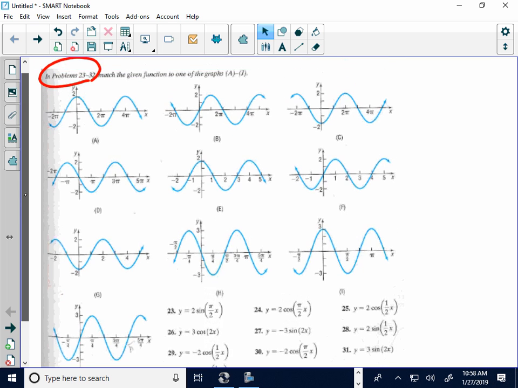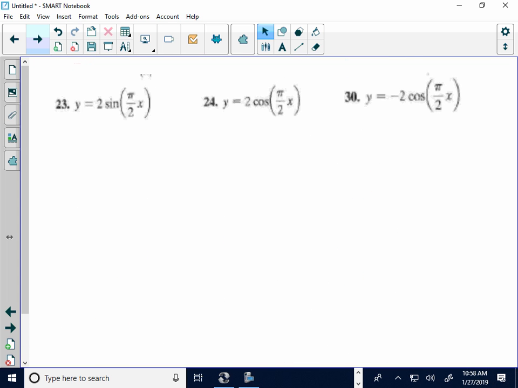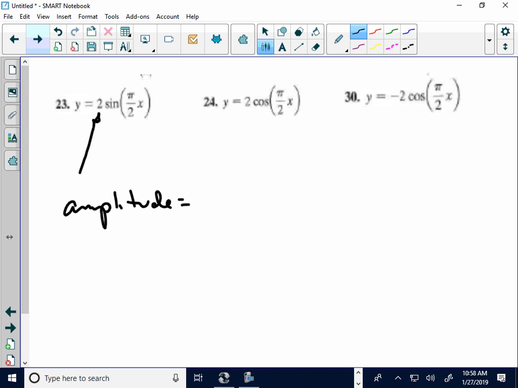Okay, so with that in mind, let's look at these first 3. Now remember, we've said the amplitude is the multiplier there. The amplitude is 2 in each case, the absolute value of 2.